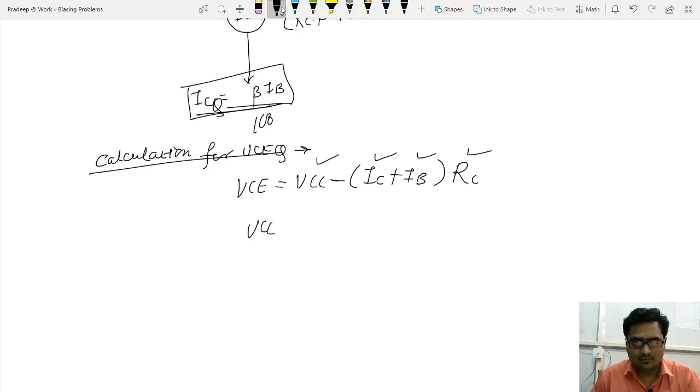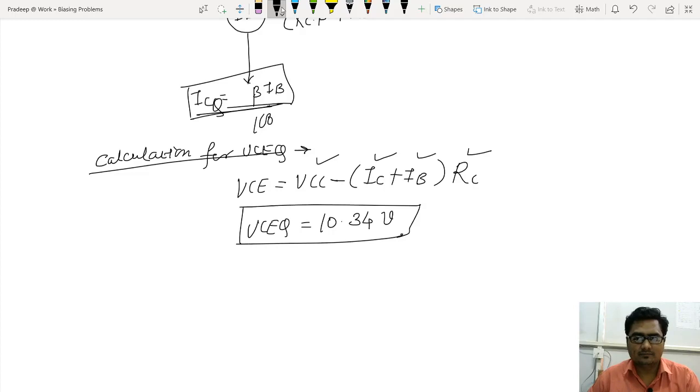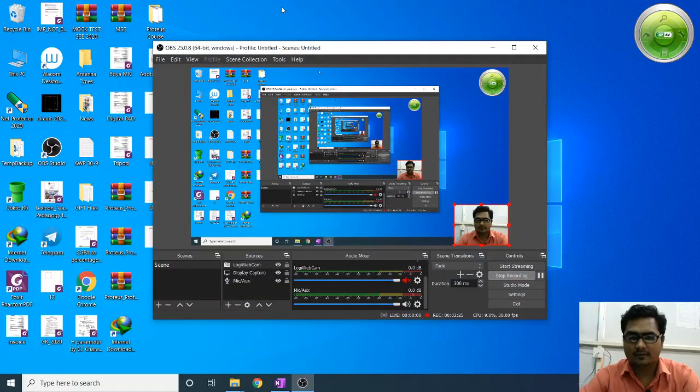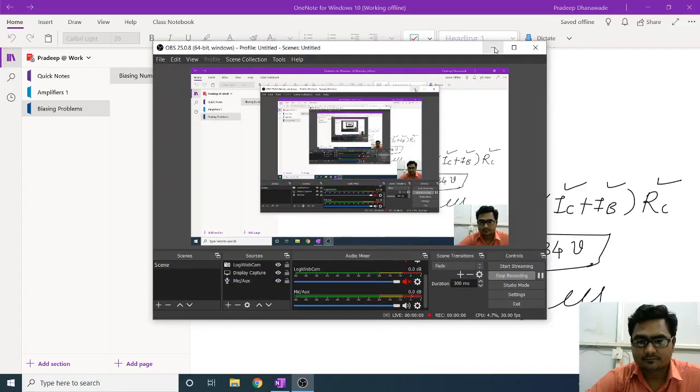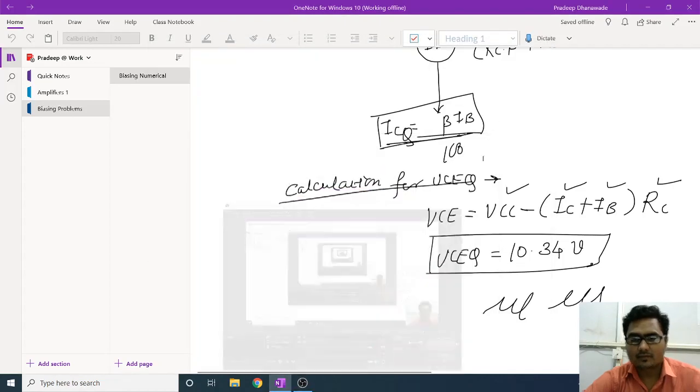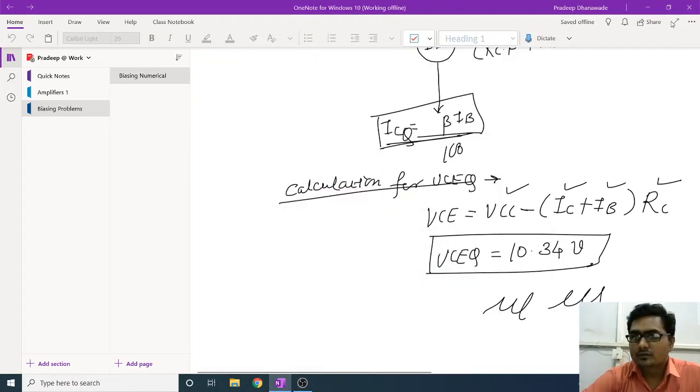Put all those values and calculate VCEQ, which is equal to 10.34 volt, and this is the value of VCEQ. I need to check, something went wrong with this. Okay, now it's quite fine.